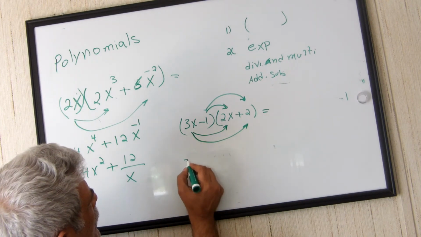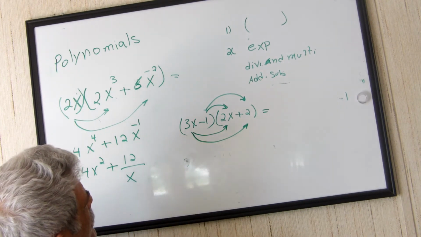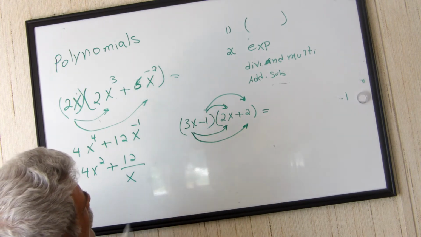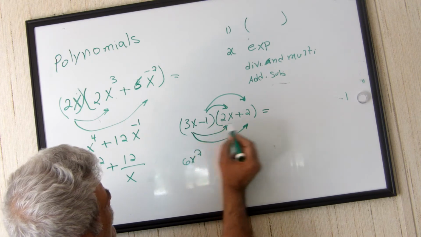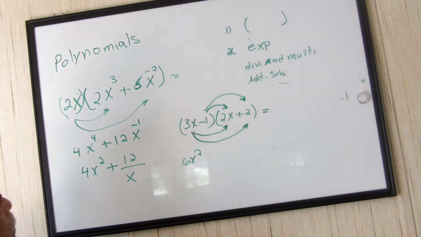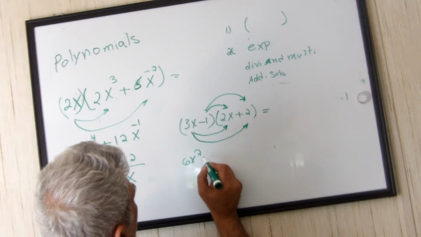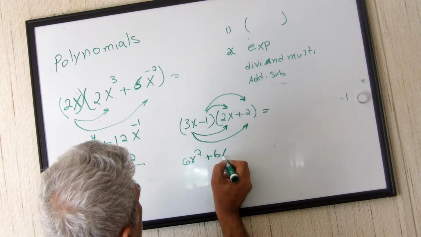So we say 3x times 2x is going to be 6x squared. And 3x times 2 is going to be plus 6x.